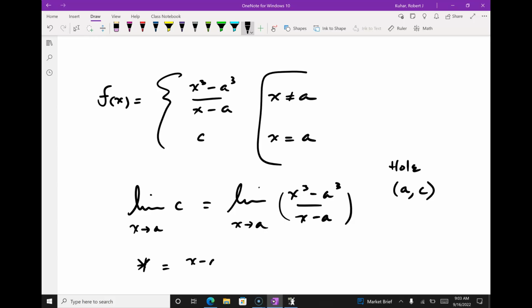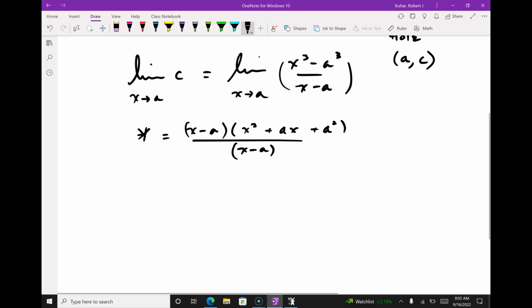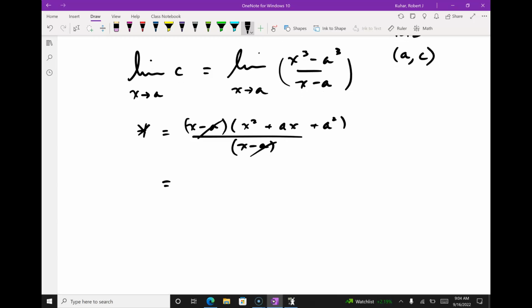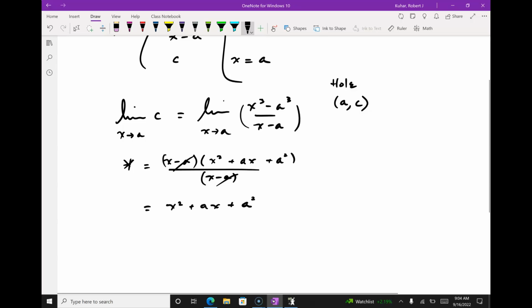Good, so star here on the right is what? x minus a times x squared plus ax plus a squared, right? Maybe we have that memorized already now. So that's kind of nice because we get x squared plus ax plus a squared. And where is x going to in that limit?